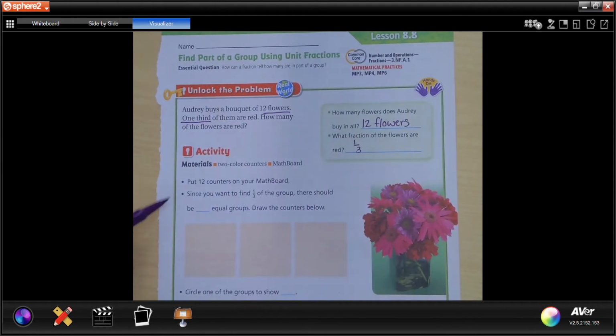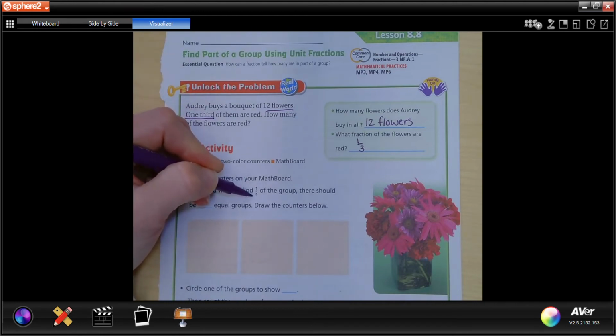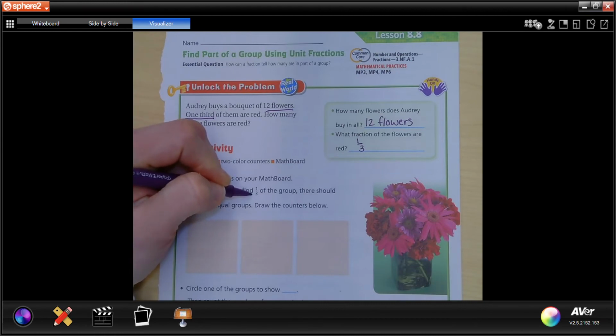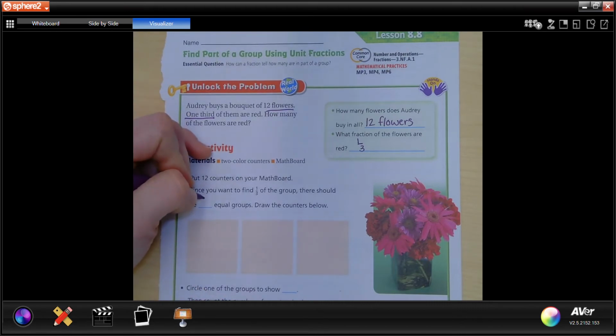Okay. Since you want to find 1/3 of the group, there should be how many equal groups? Well, as we've learned from the last lesson, our total number of groups is our denominator, so it would be 3. So it would be 3 equal groups.